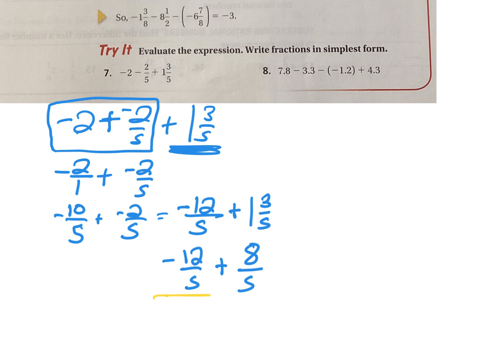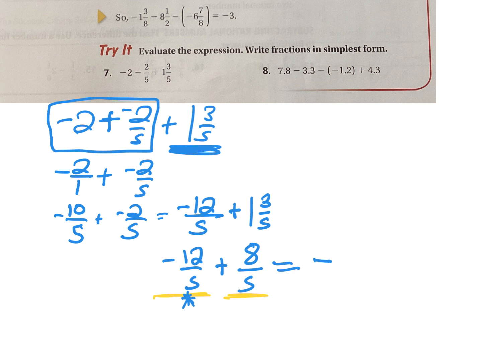This one is a negative, and this one is a positive. So I've got to figure out which one's bigger. And I know that 12/5 is bigger than 8/5. So because 12/5 is bigger than 8/5 in absolute value, I'm going to take the sign of this one right here, which is a negative. So it's going to be a negative.